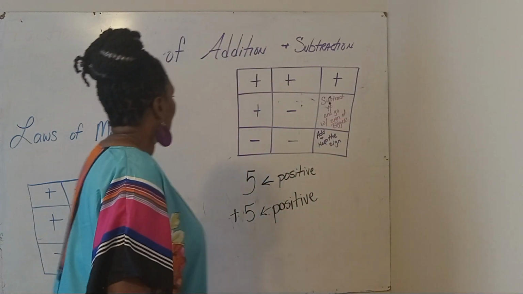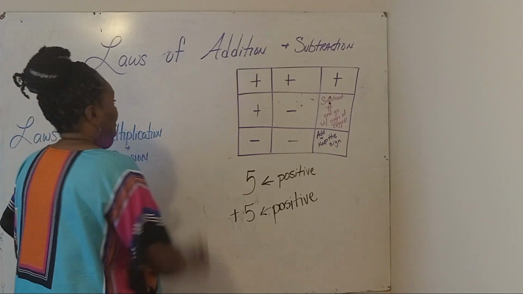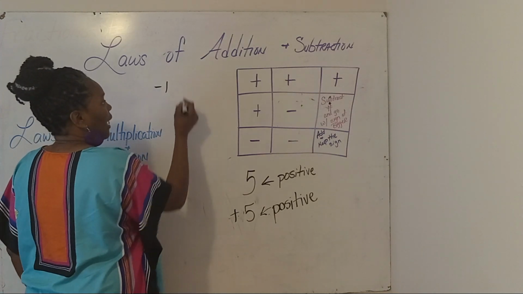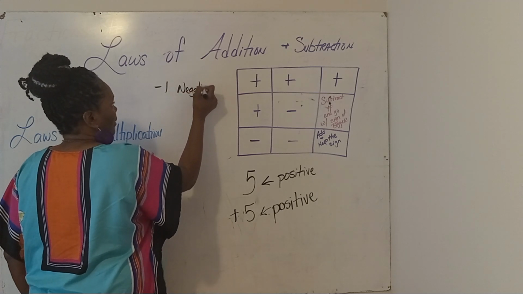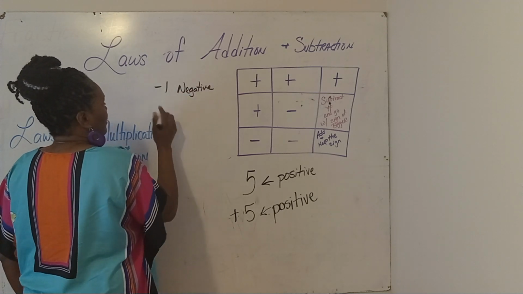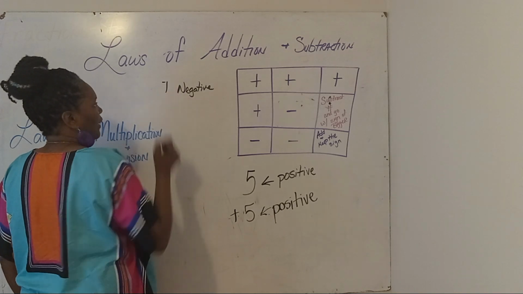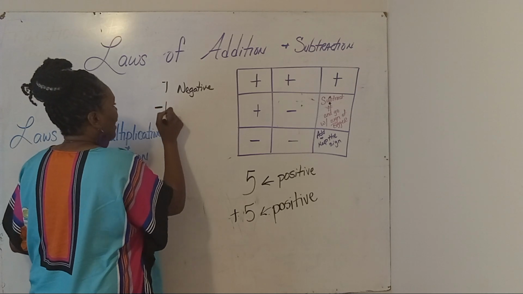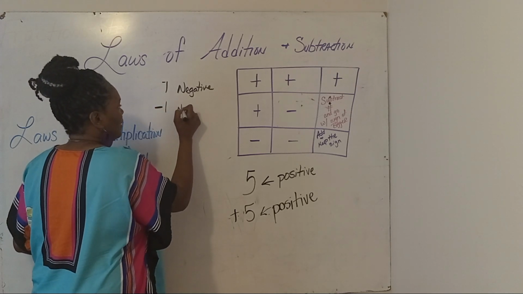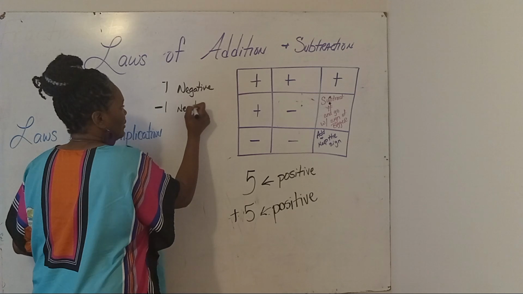Okay? If you see a number that's like this, that's a negative number. If it had that, that's negative. If it's minus 1, that's negative. Okay?